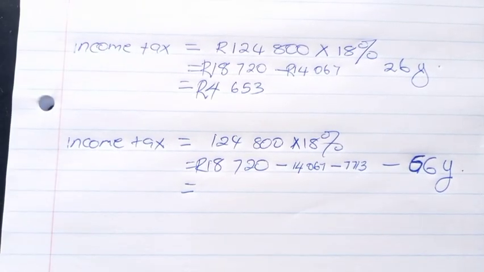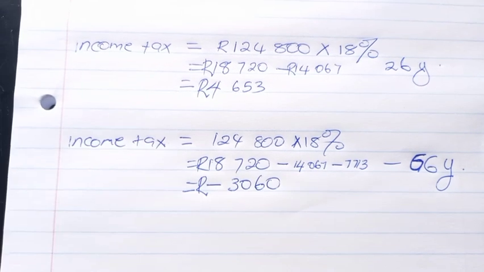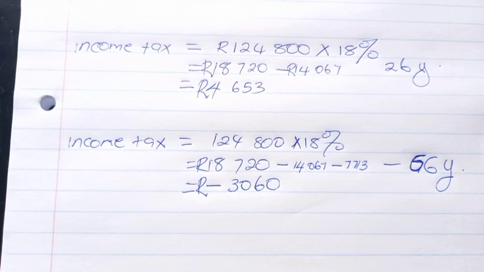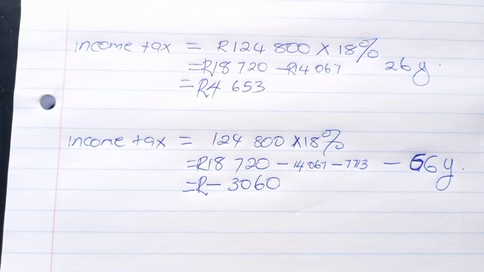So what happens now is that the answer we get is minus 3,060 Rand. Which means Sally is actually not paying tax. She's not supposed to be paying tax at this point with her income.